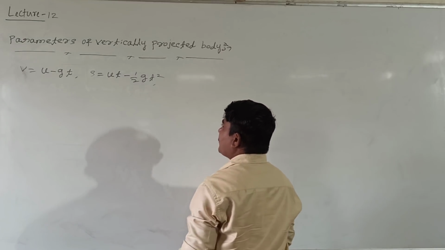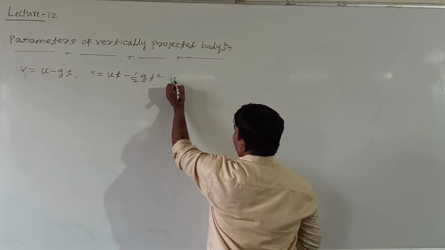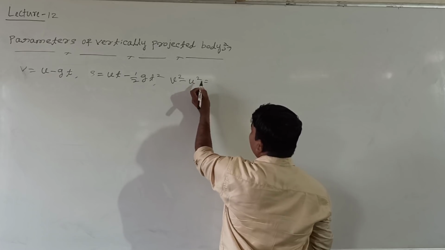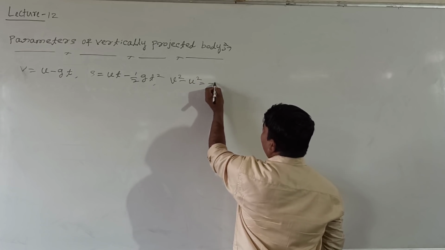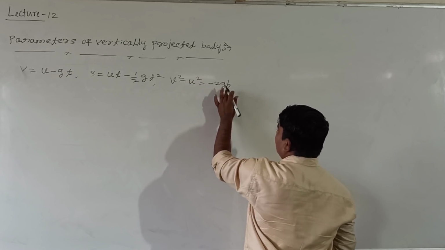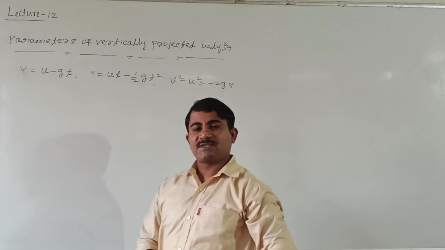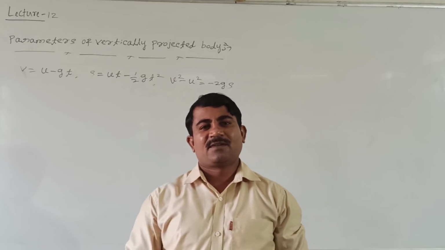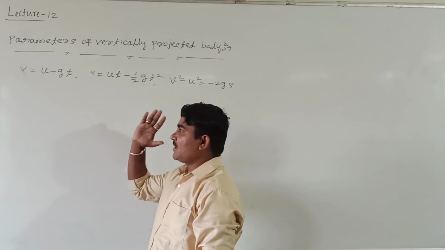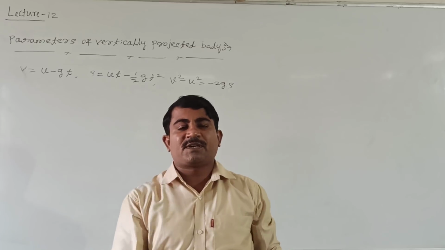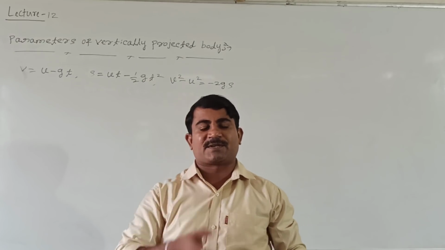One more equation is v square minus u square equal to 2as, which is minus 2gs, a replaced by minus g. These are the three equations of motion when a body is projected upside, vertically projected.